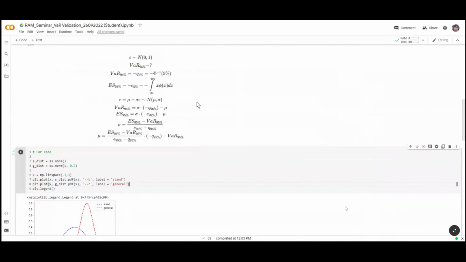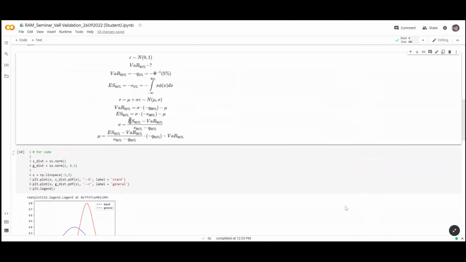And everything that is needed here is to put all the options for expected shortfall and calculate sigma and mu and check if those values are non-negative. If these two constraints do not hold, that means that expected shortfall value from the options is invalid. All right.